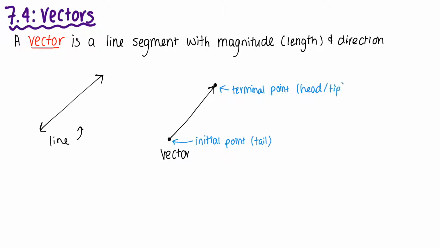But sometimes it's referred to as the tip of the vector. So that's a vector, and that's its difference from a line. The only difference is this thing has no length because it goes off forever. This thing is just right here. That's its length. It's this long. And it has a place where it starts, a place where it ends, and it has a direction. It's going from here to here.